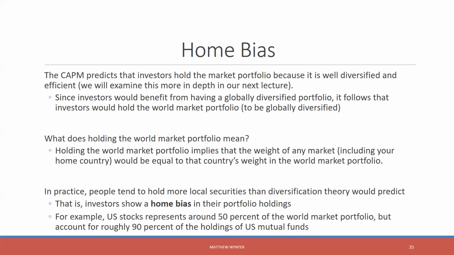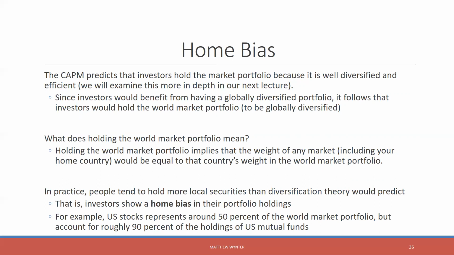So if your country has a weight of 2% in the world market portfolio, when I look inside of an investor's portfolio, you would expect stocks and bonds from that country to occupy 2% of that total portfolio. In practice, this does not happen. In practice, people tend to hold far more local securities than diversification theory would predict.